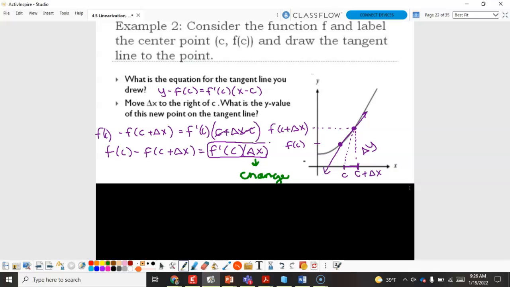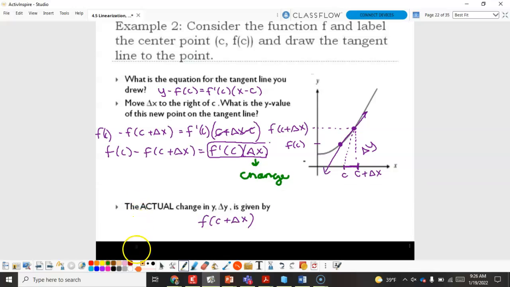So when we talk about differentials, we're talking about the change in x and the change in y. And then what we can do is compare the change we calculate to the actual. So the actual change in y, or delta y, is given by f of c plus delta x. That is what we've been finding up to this point. This is kind of like my x and my a.